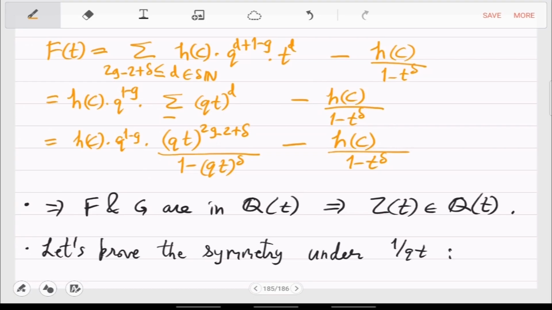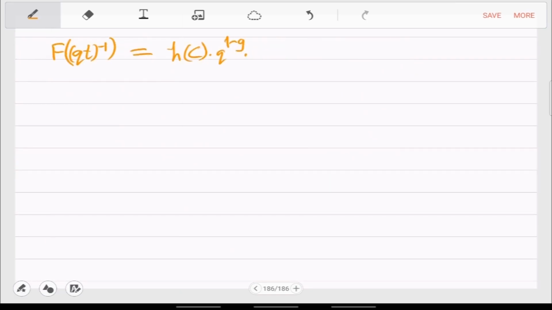Yeah, so in the last expression, when I put 1 over qt, then essentially the base qt becomes 1 over t, and there will be changes in the negative part. So let's do that.